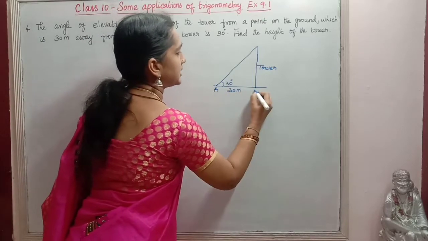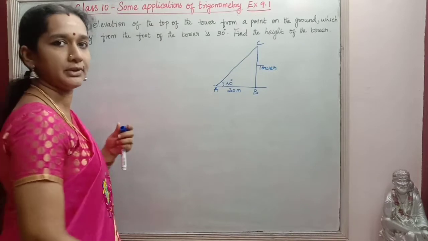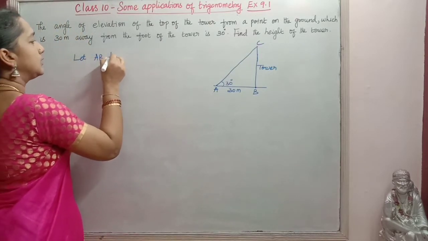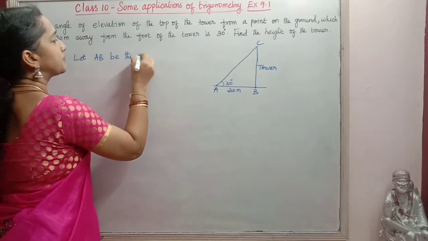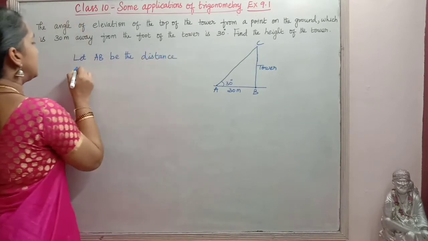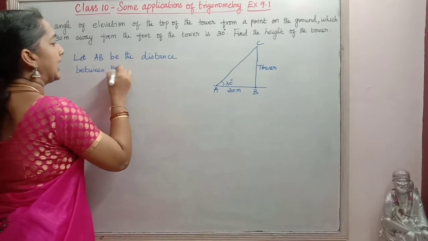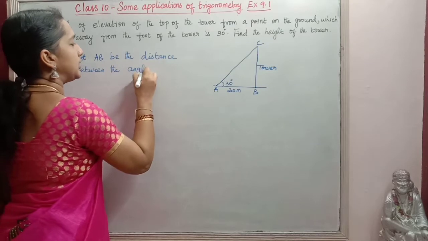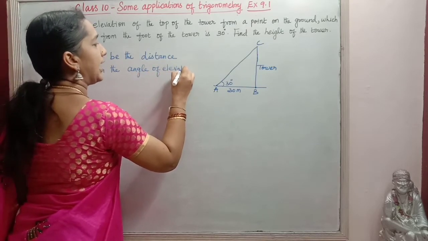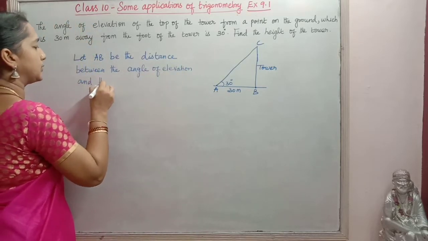So we will name this as A, B and C. Let AB be the distance between the point of observation and the foot of the tower.